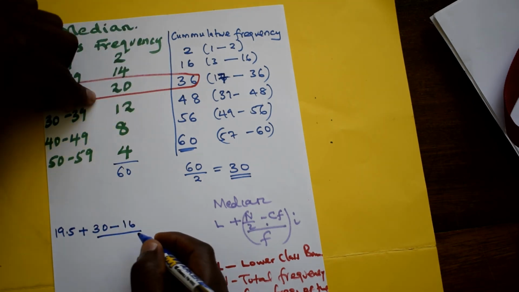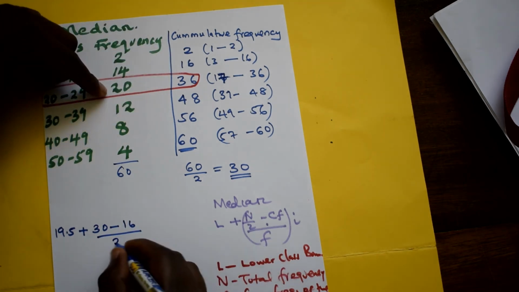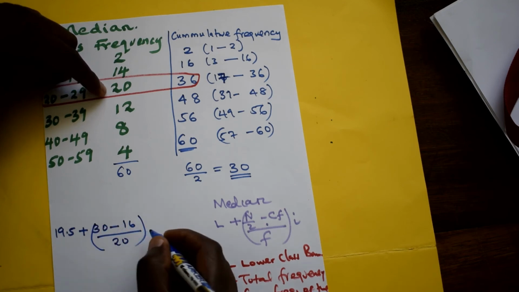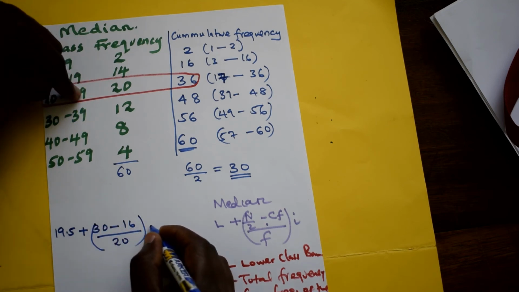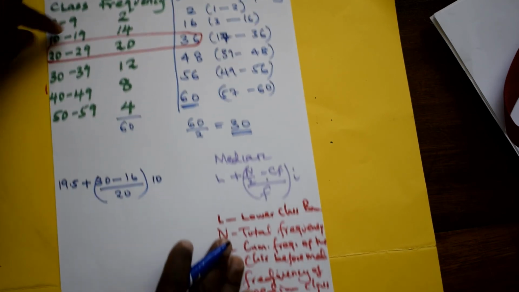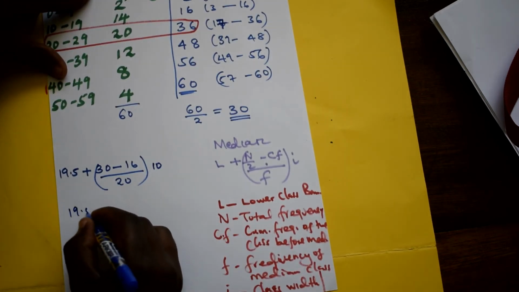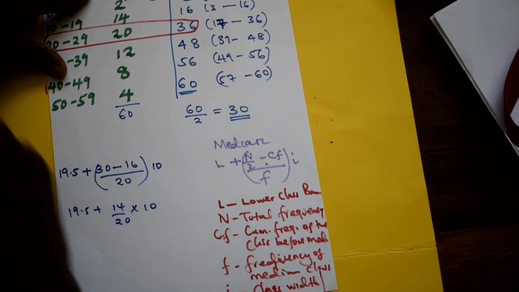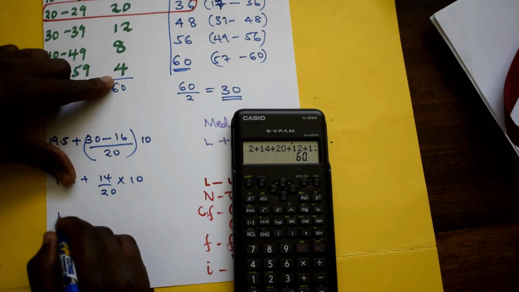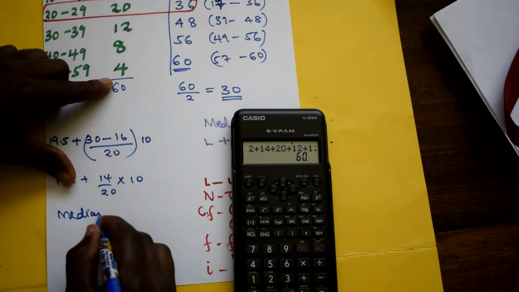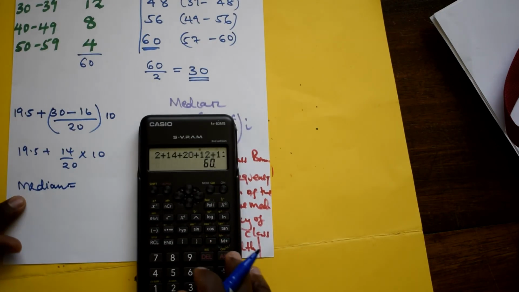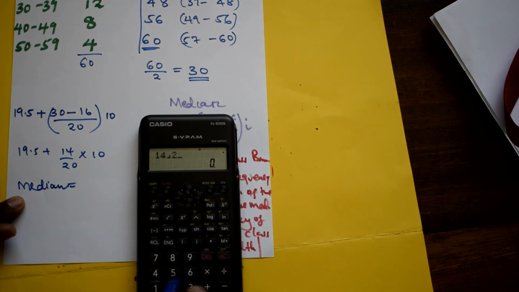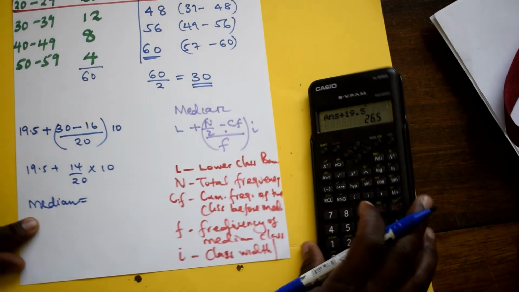Then f is the frequency of that median class, which is 20, and the interval between 20 to 29 is 10 items. So this will give us 19.5 plus 14 over 20 times 10, and this will finally give the median as 26.5.